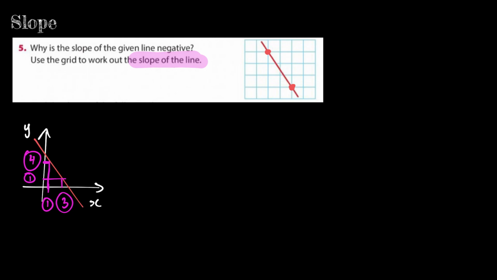In order to find the slope, it'll be the rise over the run. And in this case, we can see there that we have a rise of 3, because that's 3 units, 1, 2, 3. And we have a run of 2.